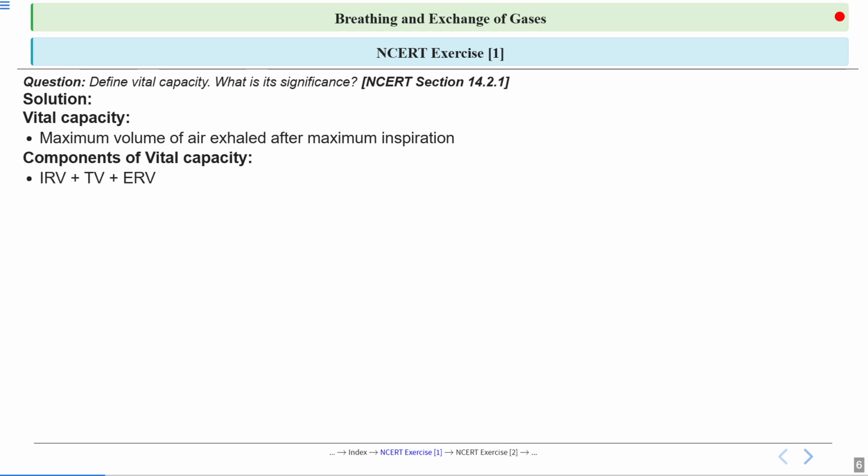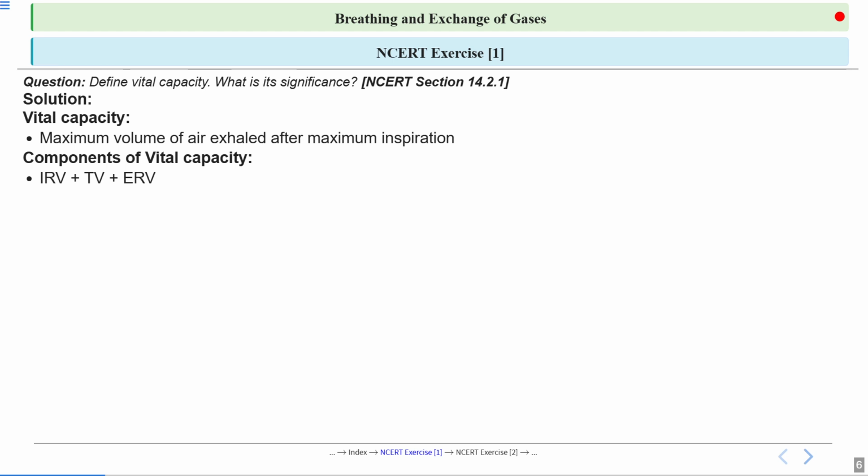Now, what is the tidal volume? Tidal volume is the volume of air that is inspired or expired during normal respiration, where you do not apply any force at that particular time. And it is approximately 500 ml. What is expiratory reserve volume?